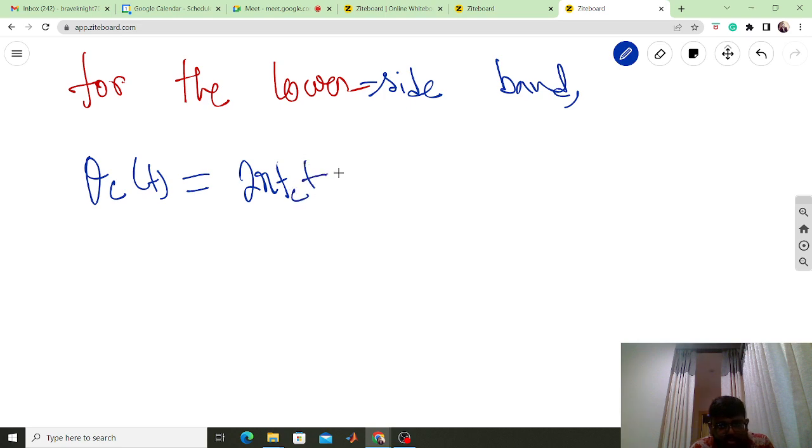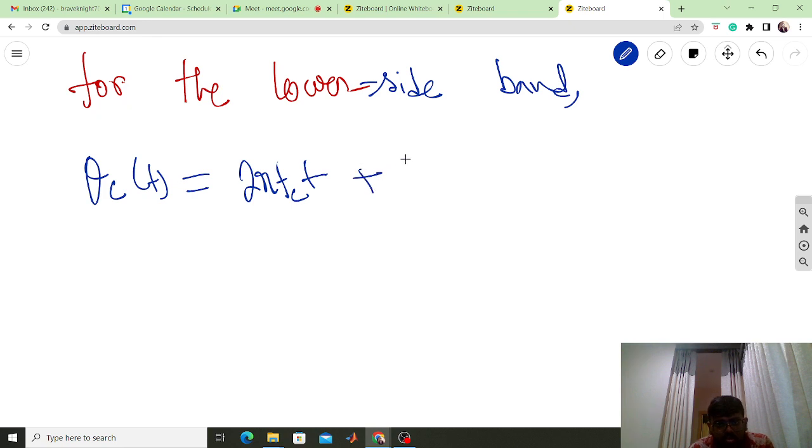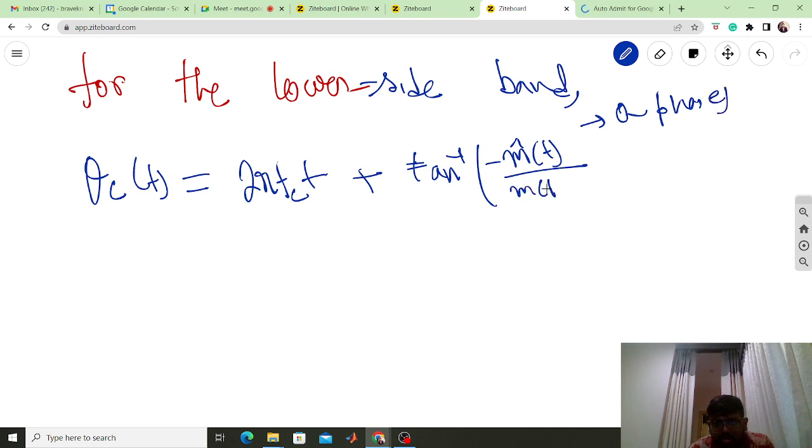that is for the carrier for this signal, 2 pi fct will come, and that is the tan inverse term that comes here. So tan inverse of the imaginary part, that is the quadrature-phase part, by the in-phase term.